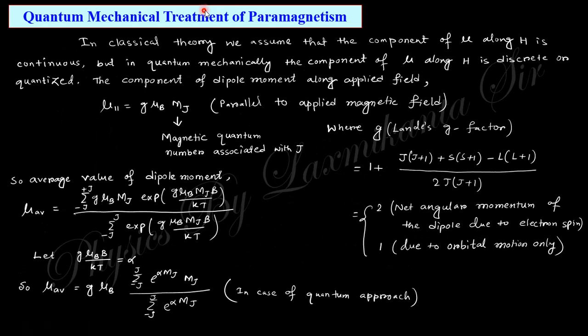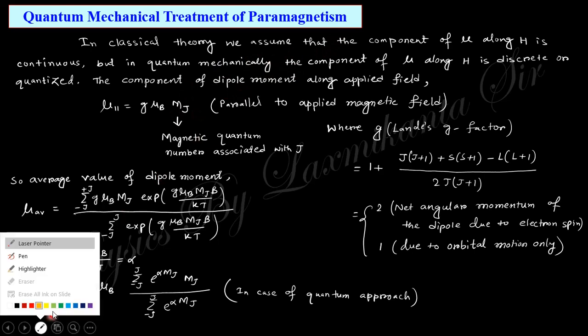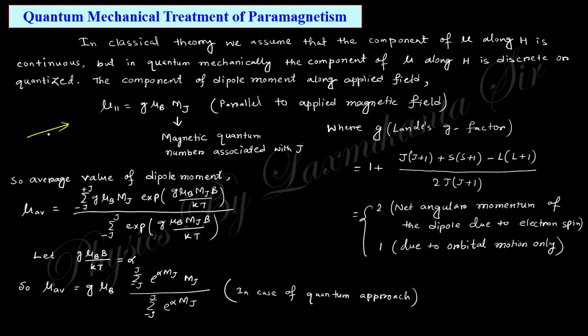Now comes the quantum mechanical treatment of paramagnetism. In classical theory, we take the value of energies along all possible directions. If we take this magnetic field and this is the mu, this theta is continuous in the case of the classical Langevin theory.